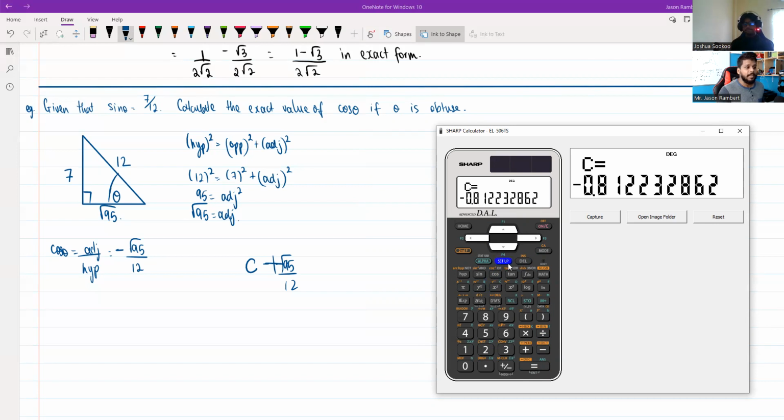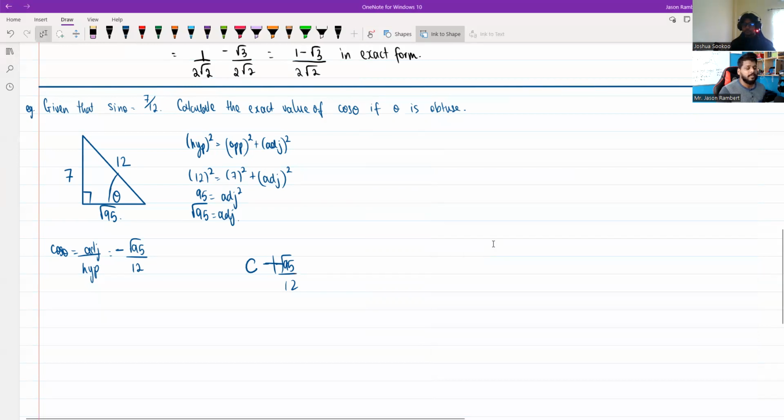I typed in root 95 on 12. I didn't type in negative root 95 on 12. All right, they are the same number. I don't know why the calculator does that.